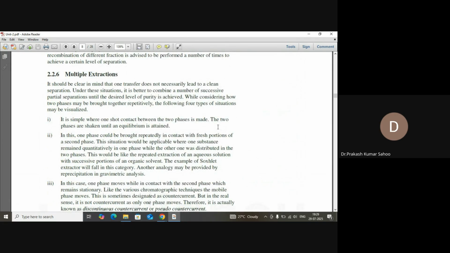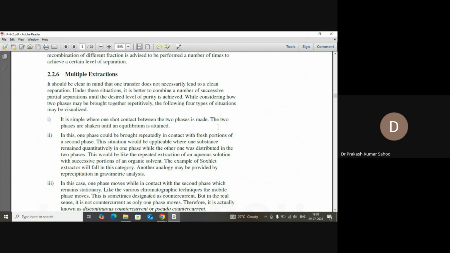In multiple extraction, it should be clear in mind that one transfer doesn't necessarily lead to a clean separation. Whenever a separation is carried out for the first time, the separation may not be 100%, and it may not be pure also.